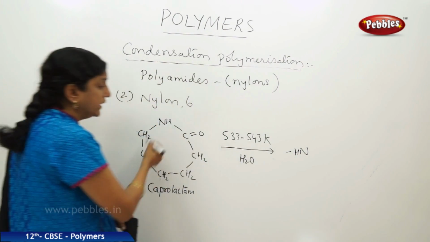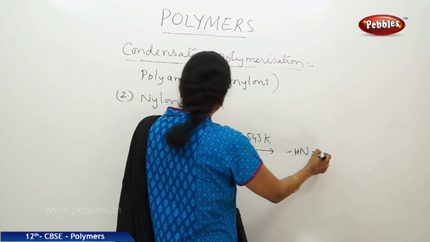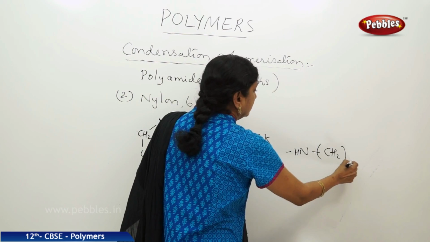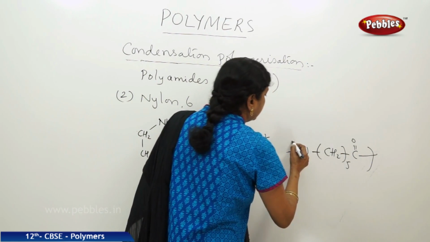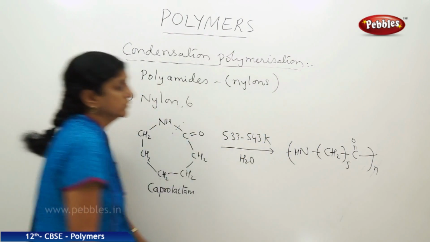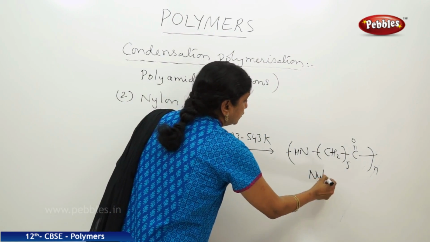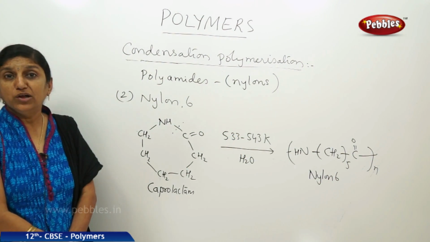NH, the ring breaks up, say here, and you have NH, CH2 5 times and C double bond O, and this part gets repeated n times. So this is the structure of nylon 6. So why is it called nylon 6?